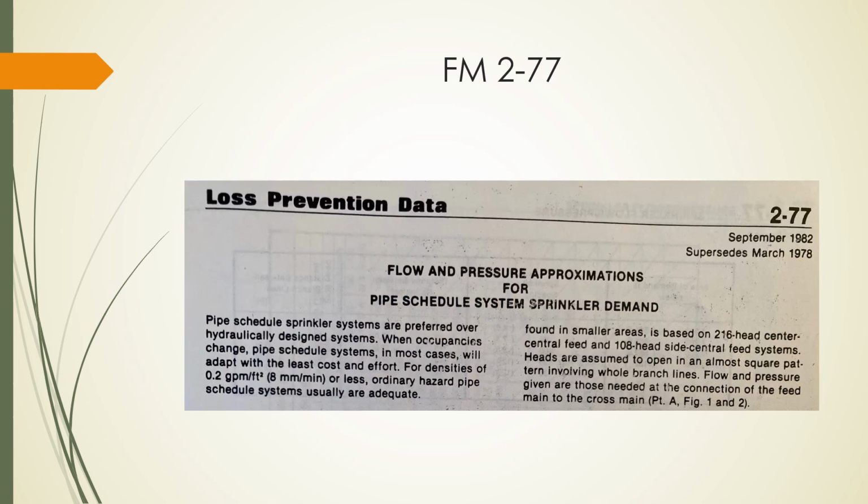This is more of the same, FM 2-77, more recent, 1982, but still pretty old stuff. This is a shorter document, I think it's 15 or 16 pages, has that same grid pattern, but also has developed K ratings for different branch sizes.